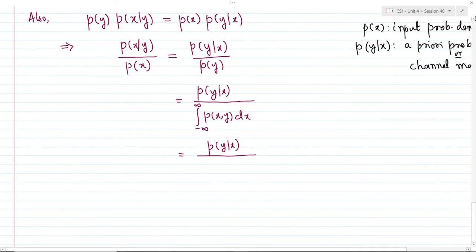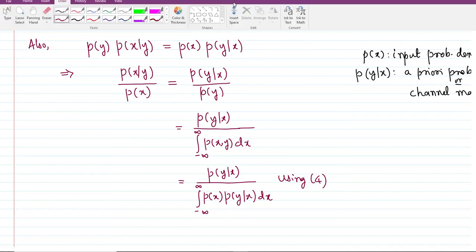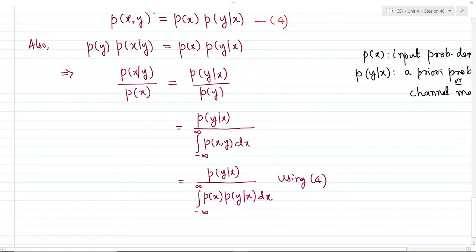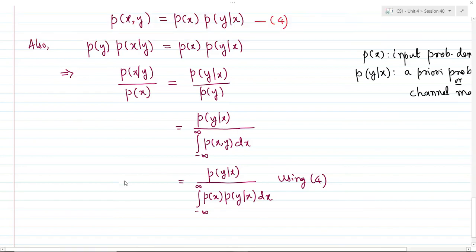okay, and we know that from equation 4 we can replace this joint probability density P of x comma y as the integral from minus infinity to infinity of probability of x times probability of y given x dx. Okay, this is using equation 4, and let me call this equation 5, which is actually probability of x given y over probability of x.